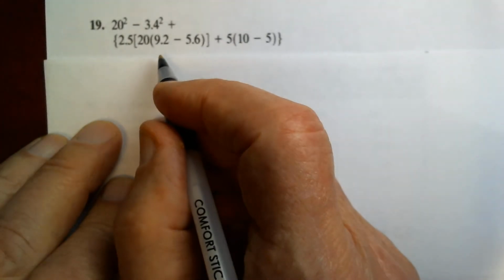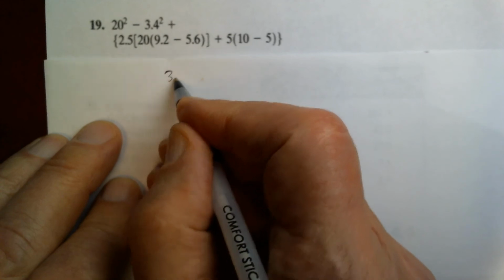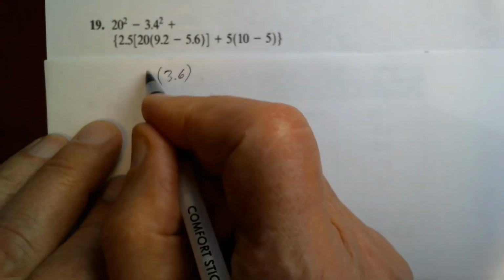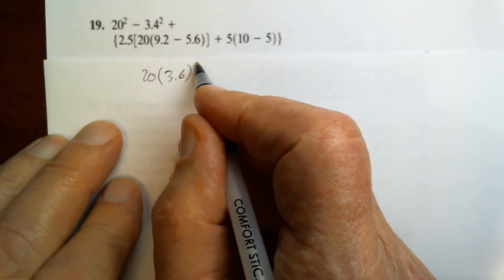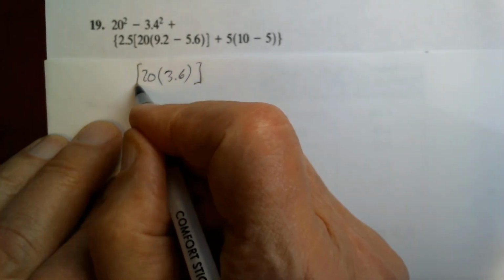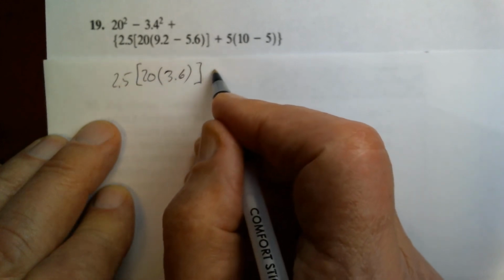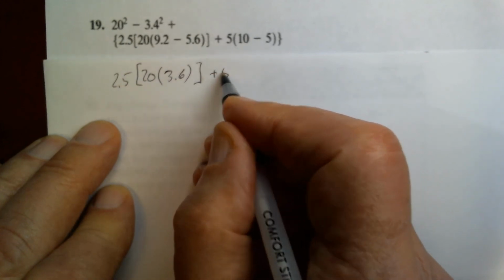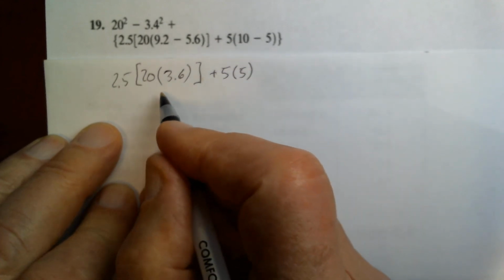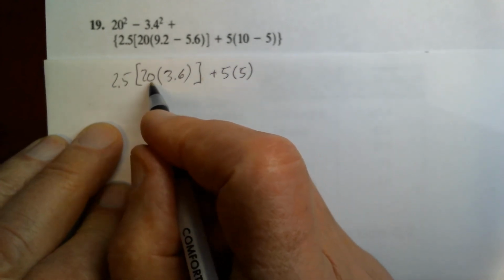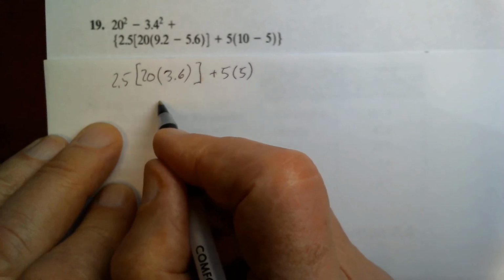So we start on the inside. 9.2 minus 5.6 is 3.6 times 20, times 2.5, plus 5 times, and 10 minus 5 is 5. So 20 times 3.6 is equal to 72.